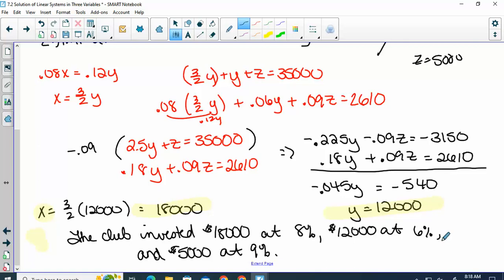So same setup and process as we did with 2 variables, it's just longer.